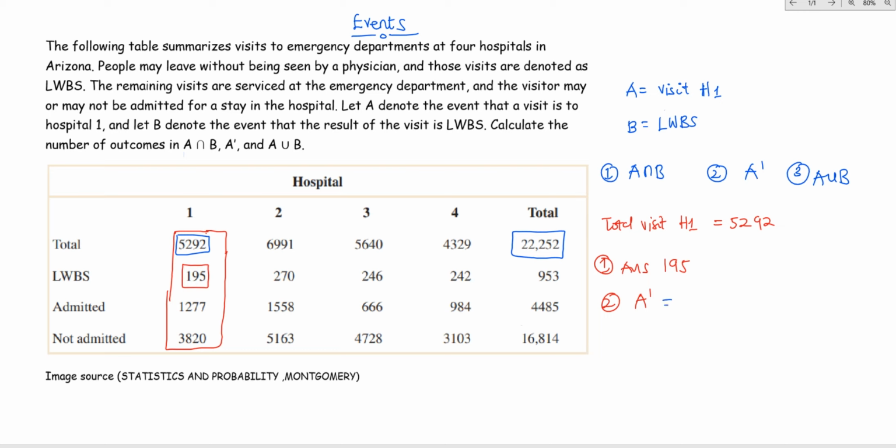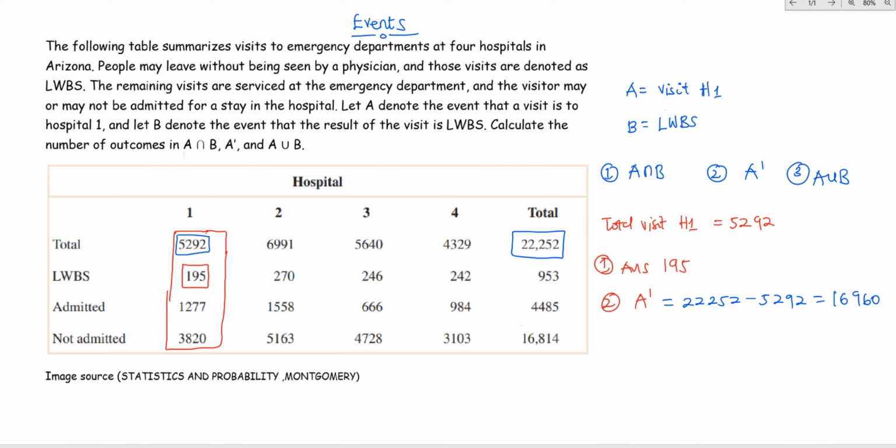So we have 22,252 minus 5,292. Let's see what we get. This will give me a value of 16,960 people.